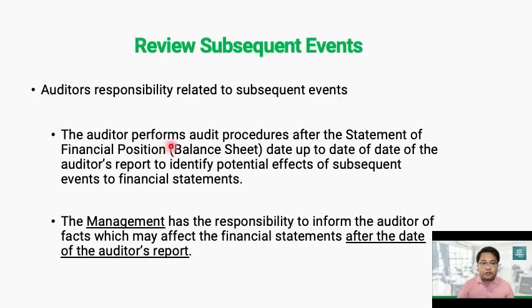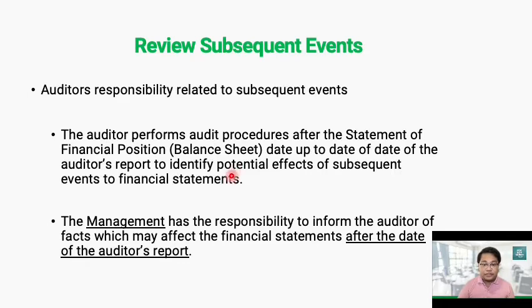However, the auditor should also perform audit procedures after the balance sheet date or statement of financial position date, up to the date of the auditor's report, to identify any potential effects of subsequent events on the financial statements covering January 1 to December 31, for example, in the case of calendar year clients.